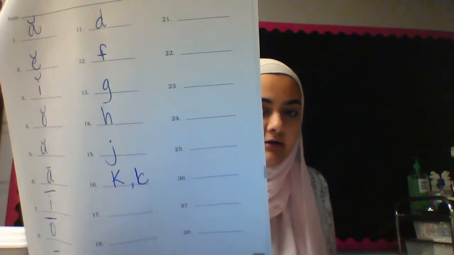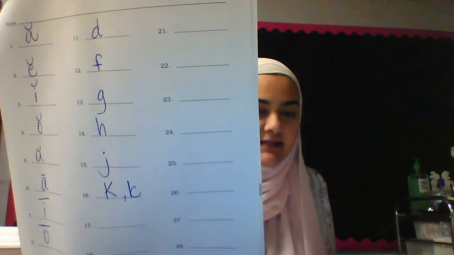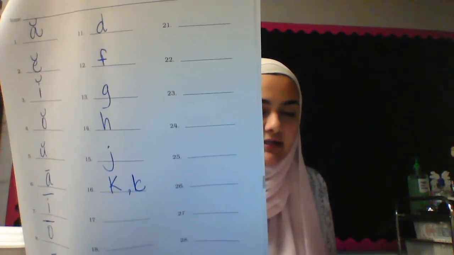So you have to write K, comma, C with the back on it. Why C with the back on it? Because if you ever see a C that makes the K sound, you have to code it with the back. C is a tricky letter that can make two sounds. It can make K and it can make S. So if the letter C makes K, you put the back on it the way I did.